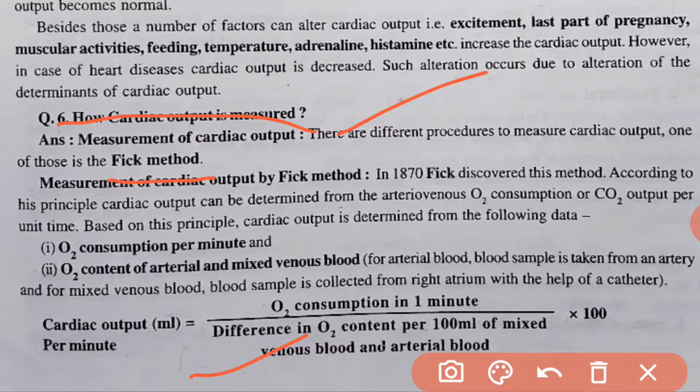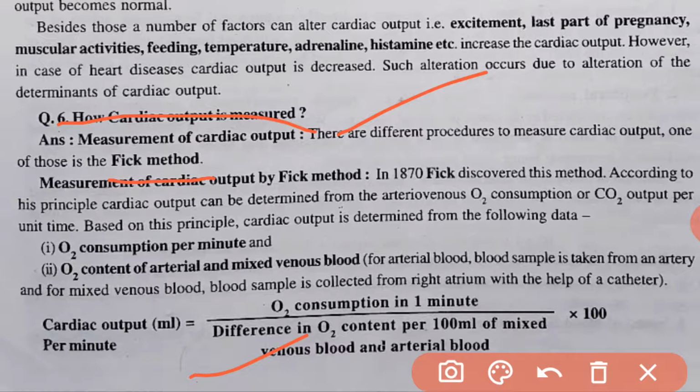So, in principle, cardiac output can be determined from the arteriovenous oxygen consumption, the oxygen consumed from arterial to venous blood, or CO2 output per unit time.